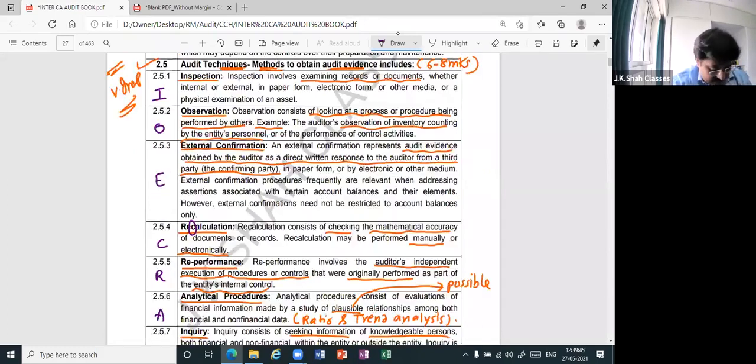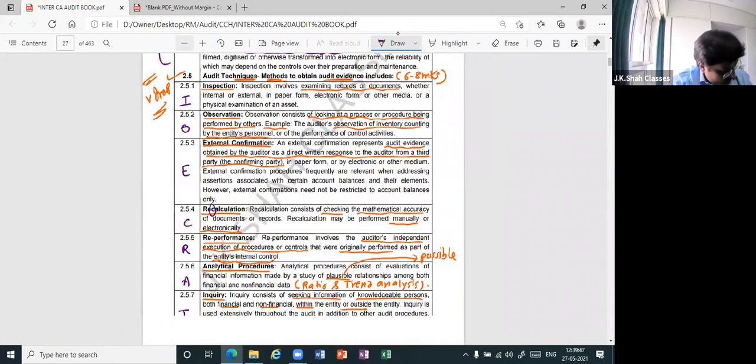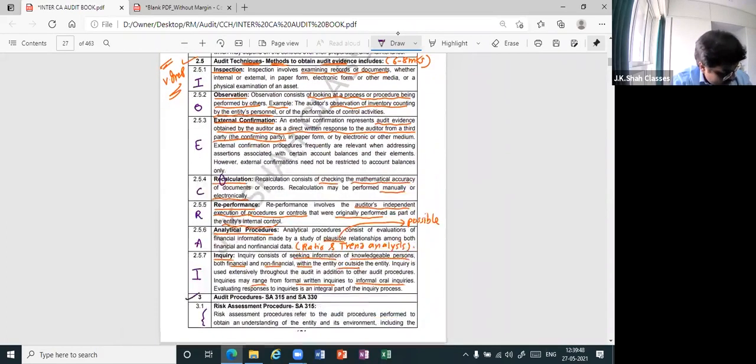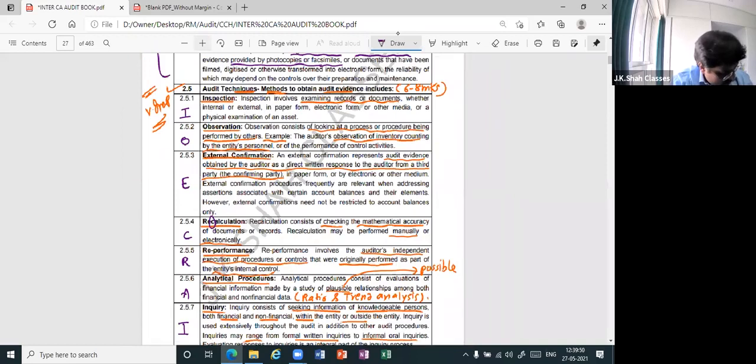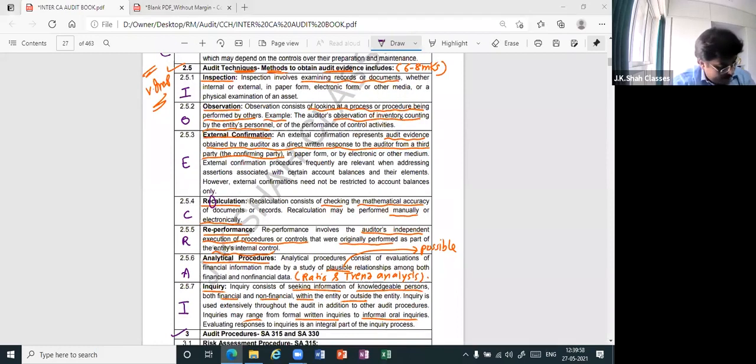Obviously, we'll write it in the key chart also, but as of now, just mark this much. Come on, I want you to read entirely, please.